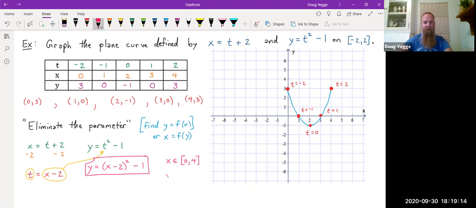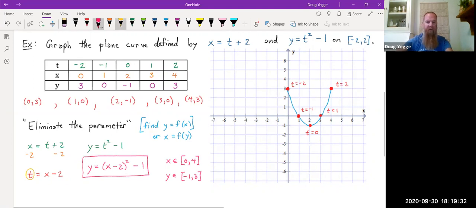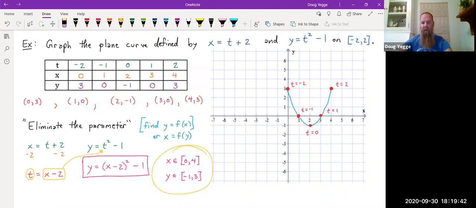And we could also say that y belongs to the interval from -1 up to 3. So this is stating our domain and our range, right? If I have this function, it would be defined for all values from -infinity to infinity. But because we were only looking at the values from -2 to 2 for t, that caused us to say that this is our domain right here.